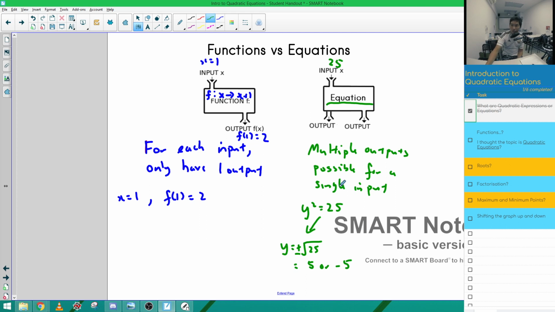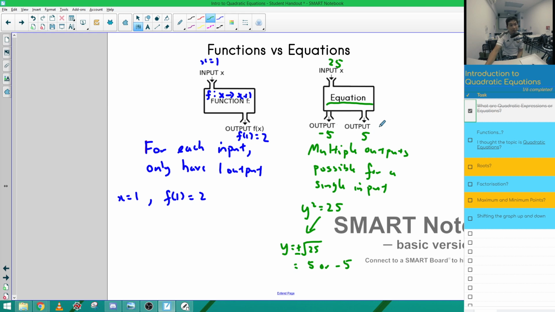If y squared is 25, then y could be 5, because 5 times 5 is 25. At the same time, y can be negative 5, because negative 5 times negative 5 also gives you 25. So there are two possible outputs here, negative 5 and 5.